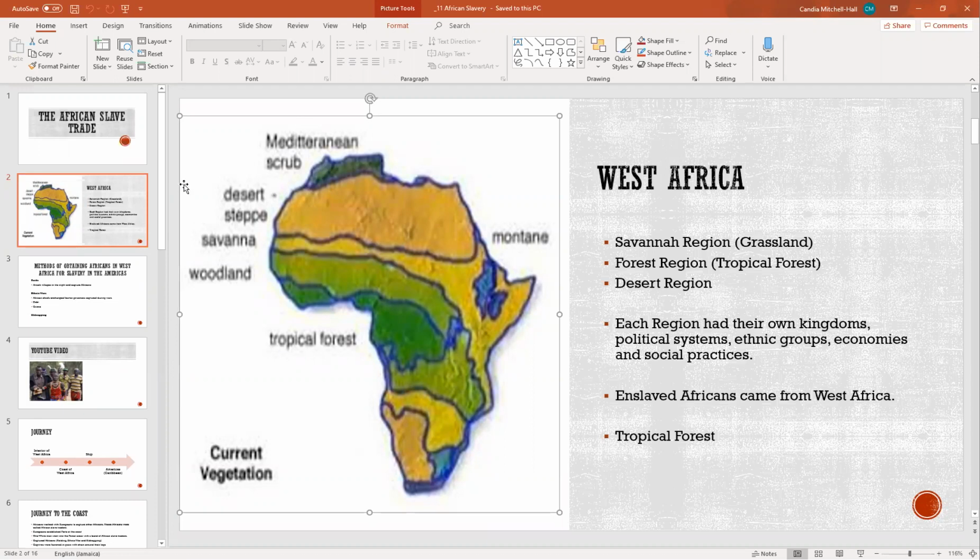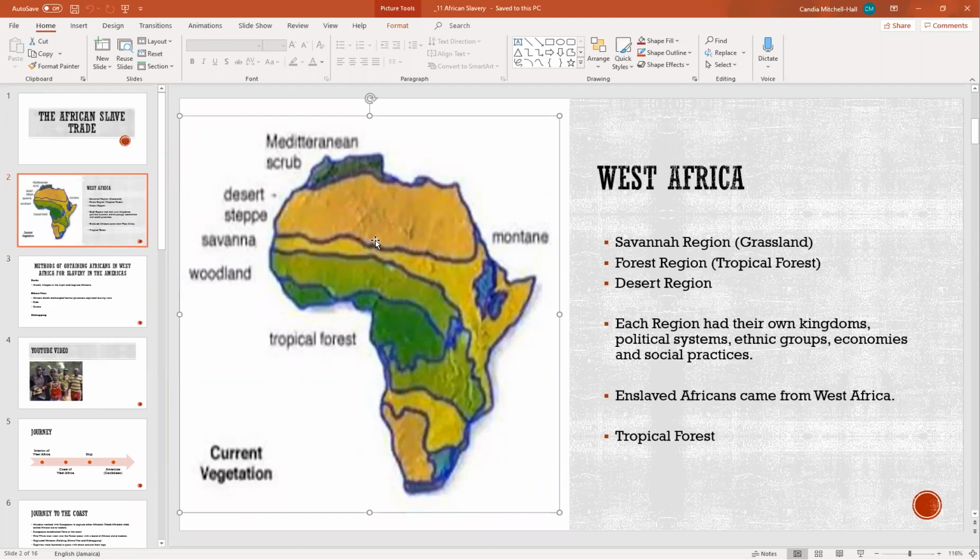We know for sure that there are three main regions in Africa. Some people have more than three, but there are three main regions. This area right here, at the north, is the Sahara Desert. Most of this area is the Sahara Desert. A lot of people go to Africa and try to visit that area.